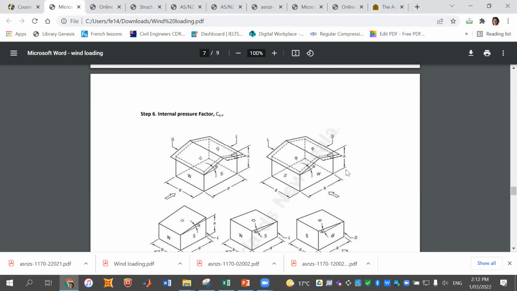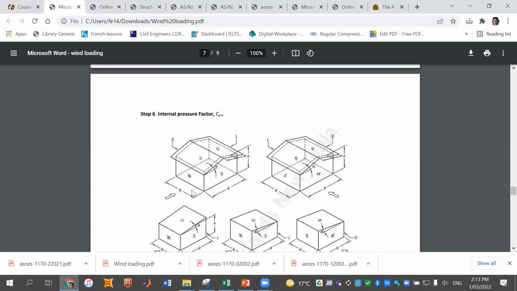For example, if here is the building you're designing for, and the wind is blowing in this direction, this wall is a windward wall, and the opposite one is the leeward wall, and this one and the other one will be side walls, and the roof is our roof.